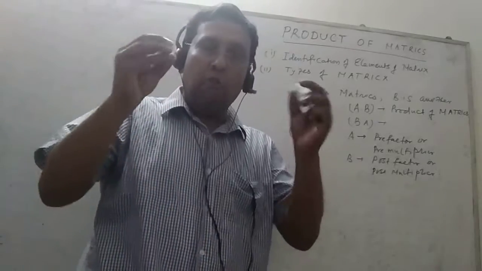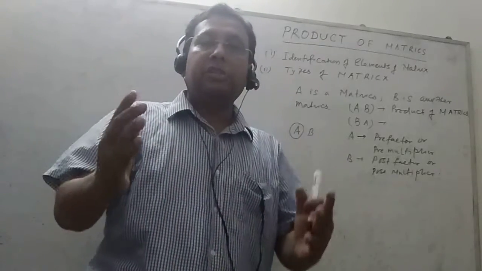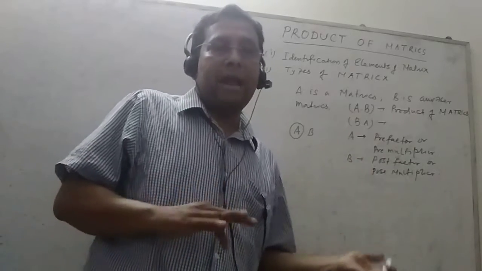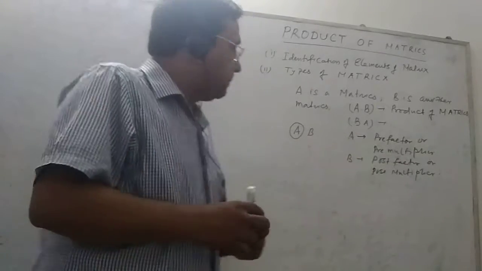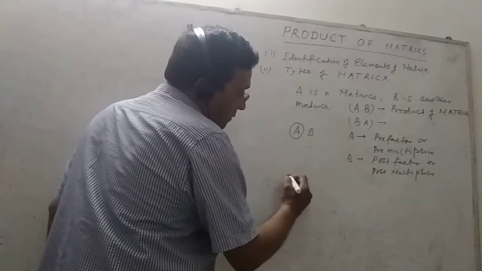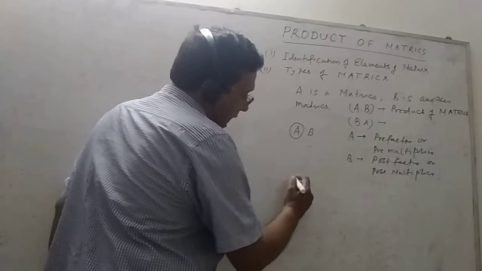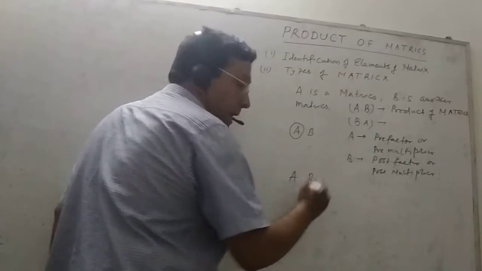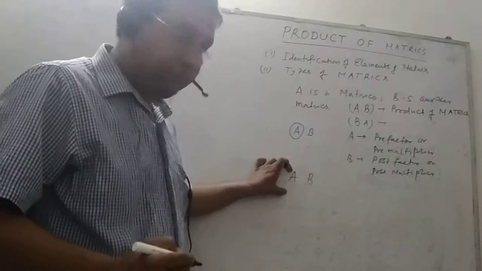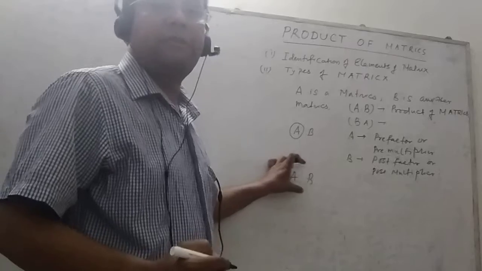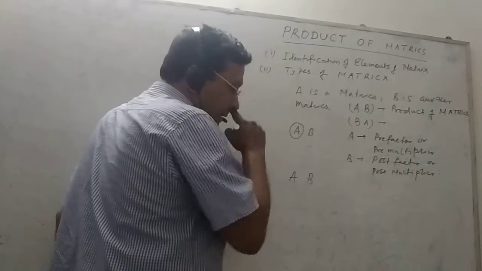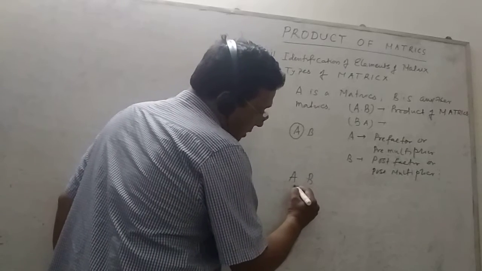First of all, let us know under what condition the two factors, prefactor and post factor, can be multiplied. If A and B are two matrices, and I want to know the product AB, then I have to know the order of the matrix A and the order of the matrix B. Suppose the order is m into n.